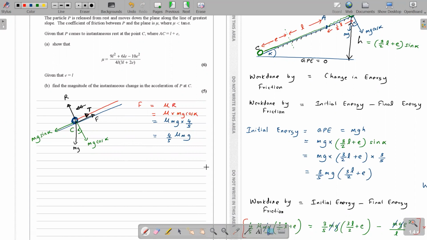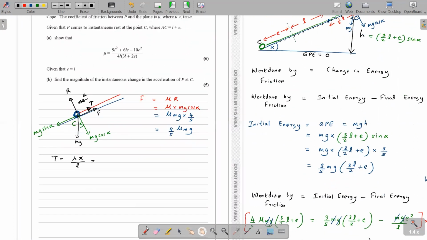Let's find everything here. To find the acceleration, do we know the tension? Let's find the tension also. Tension equals lambda x over L. Lambda is 2 mg. What is the x value?